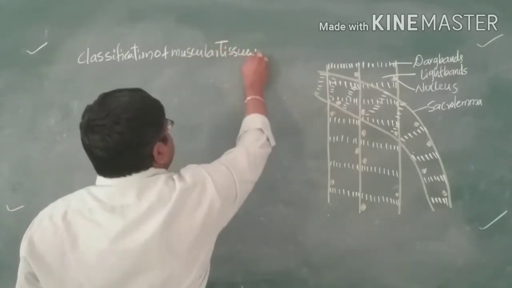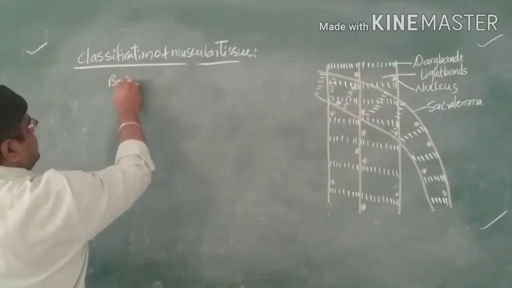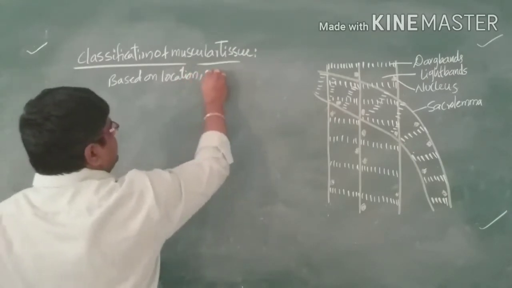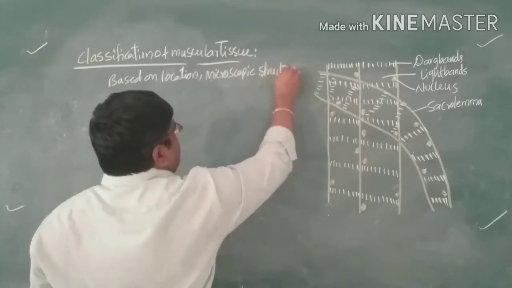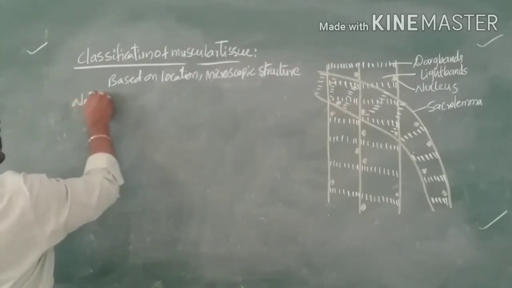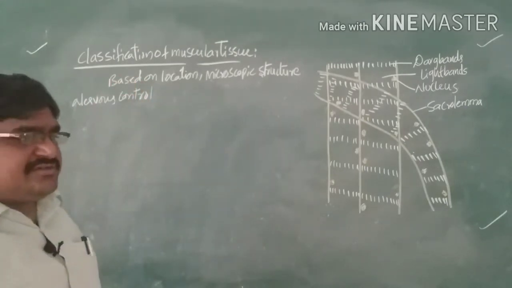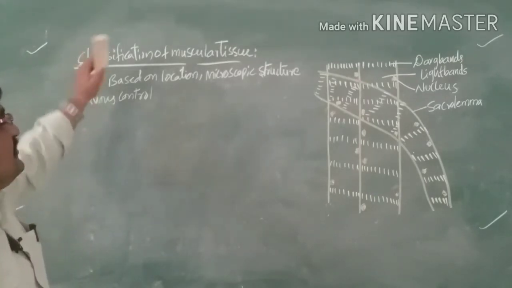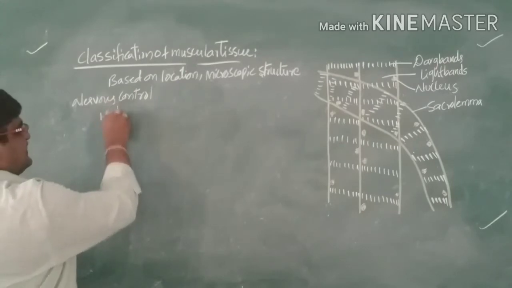The muscular tissues are classified into three types based on location, microscopic structure, and nervous control.